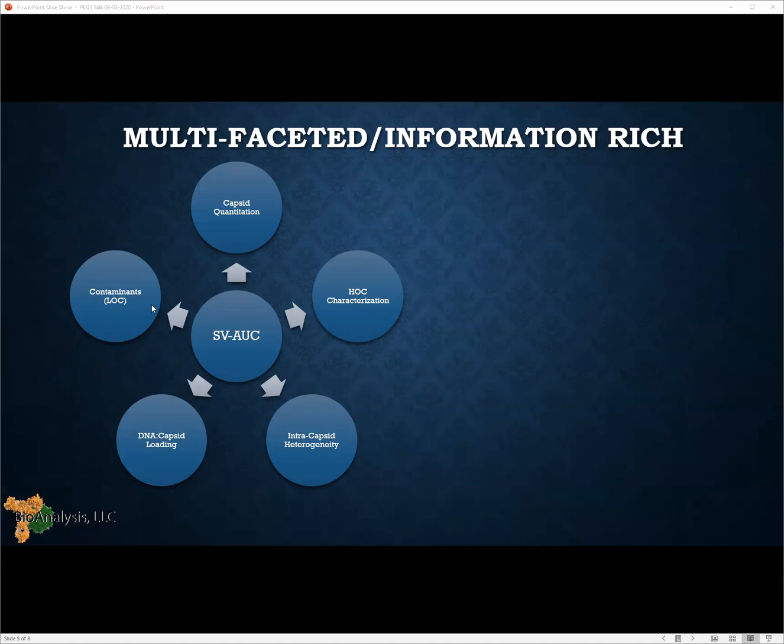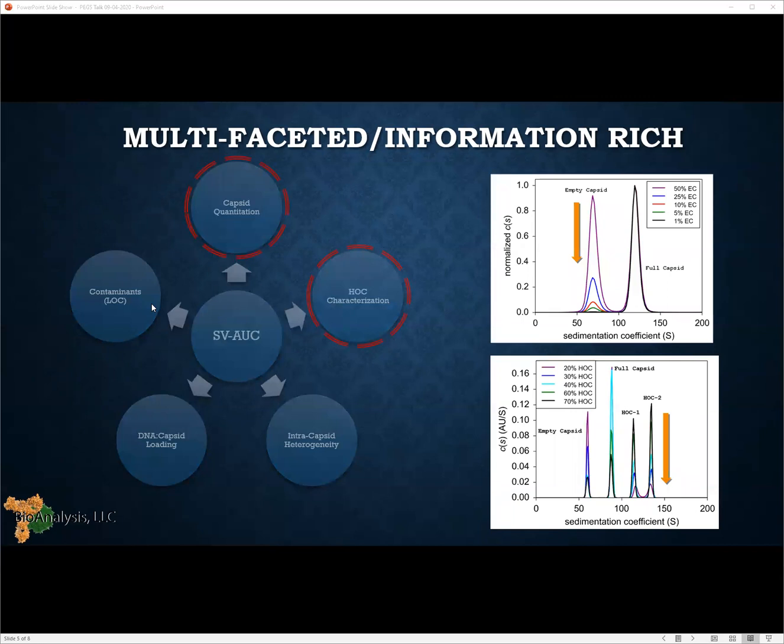So your LOC again is anything below your empty capsid. So you can look at proteins that are tagging along with your viral particle, which I've seen a lot. Some of them could be Rep68. It could be any other VP1 type of aggregate or so forth. You can actually quantify that and really assess what it is, even free DNA in there. So routinely we look at your capsid quantitation and the HOC characterization.